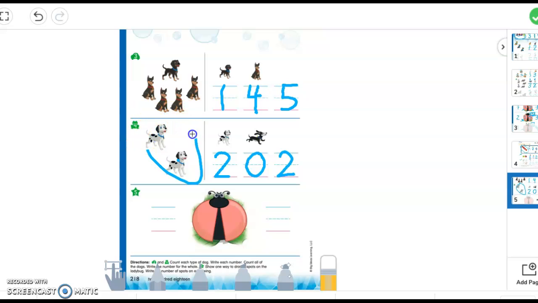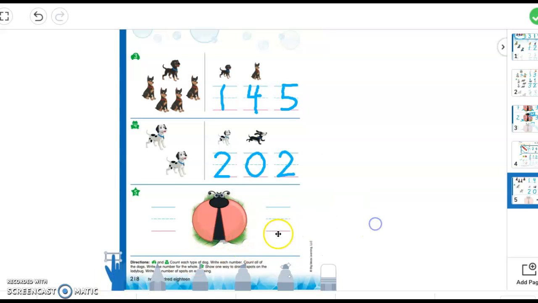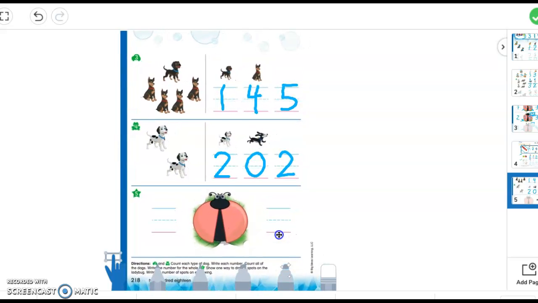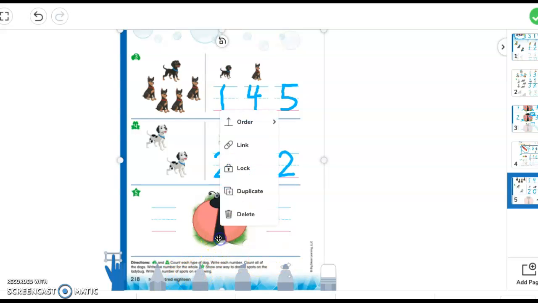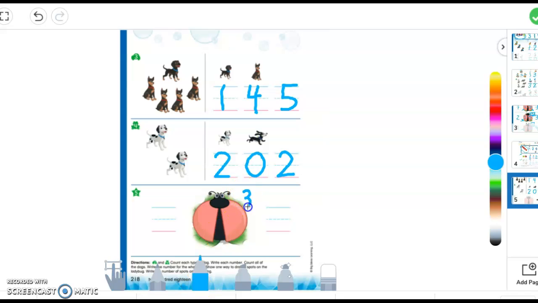Okay, now let's look at our ladybug down here. It says, show one way to draw 3 spots on the ladybug. So our whole must be 3. So Mrs. Hensley's going to put a 3 right here because that's our whole.